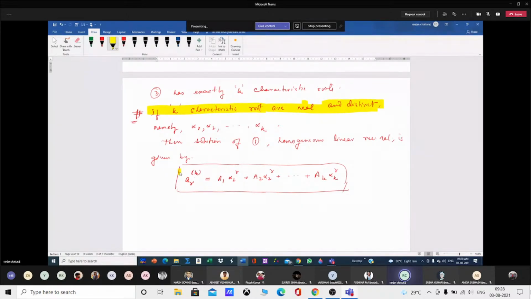A student notes that in differential equations the solution was C1 e^x + C2 e^(2x). Yes, that is in differential equations, and this is the recurrence relation.